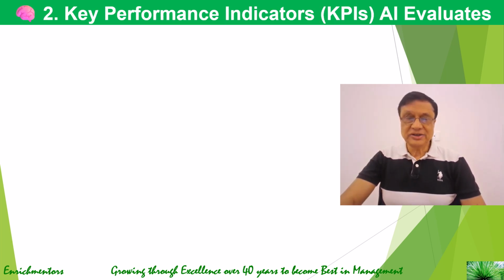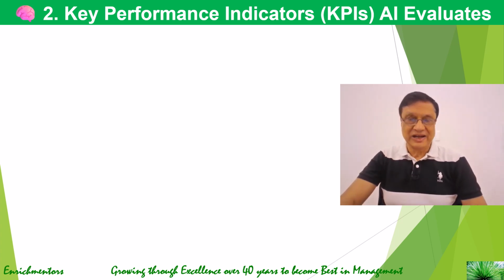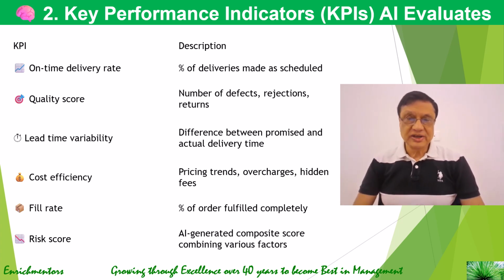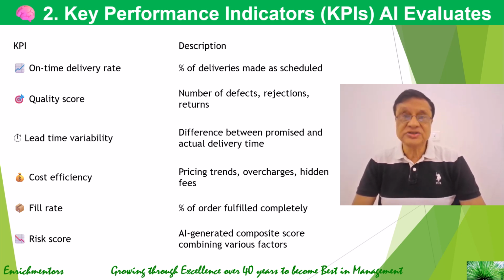Then let us look at the key KPIs that AI evaluates. On-time delivery performance, which is basically a measure of the percentage of deliveries made versus schedule. Quality score, in terms of number of defects, rejections, or returns. Lead time variability, differences between promised and actual delivery time.